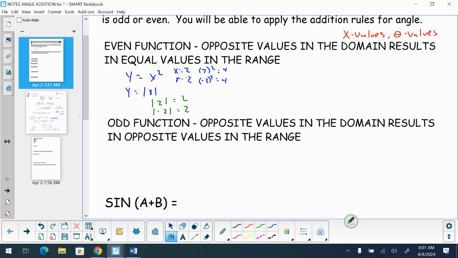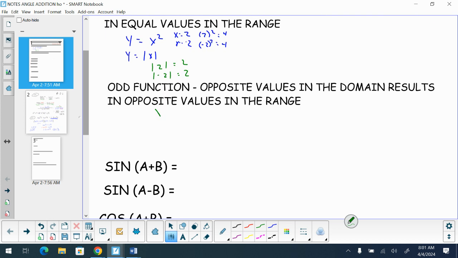Odd functions, y equals x, y equals x cubed. These would be opposite functions. X equals 2, y equals 2. X equals negative 2, y equals negative 2. Opposite values of x give you opposite values of y.